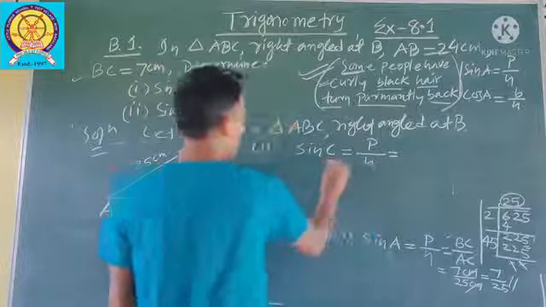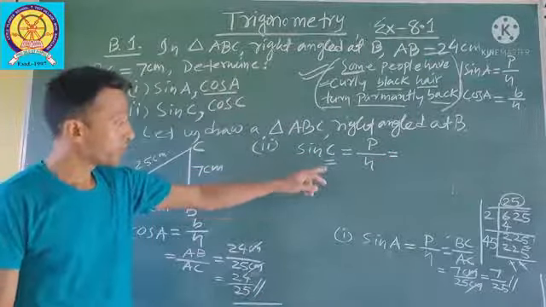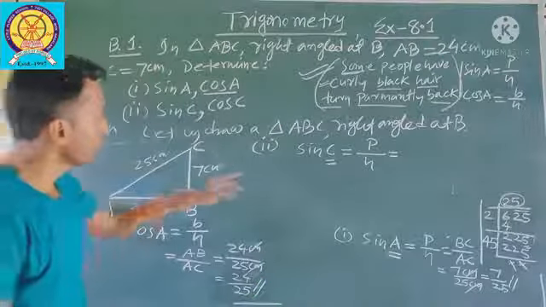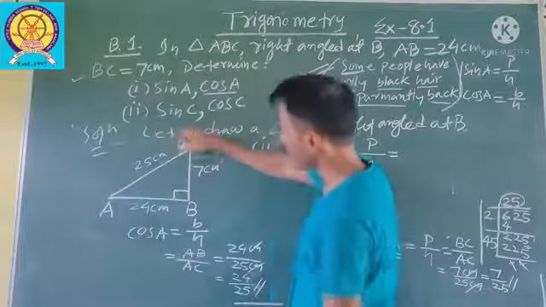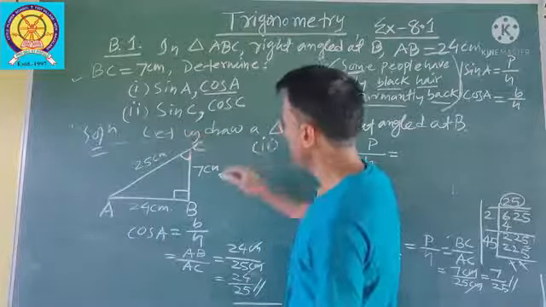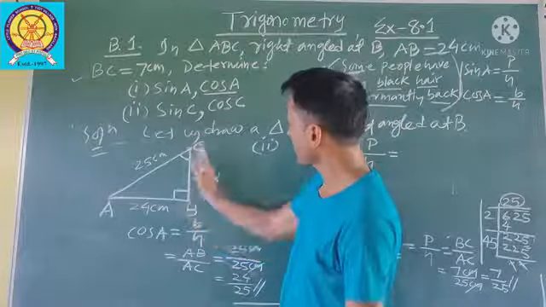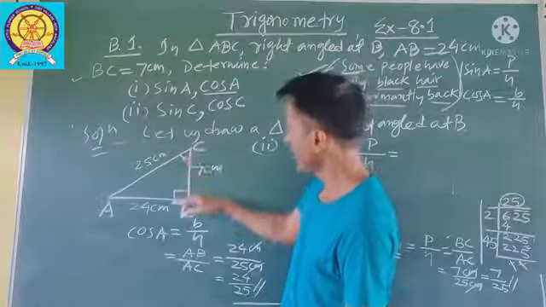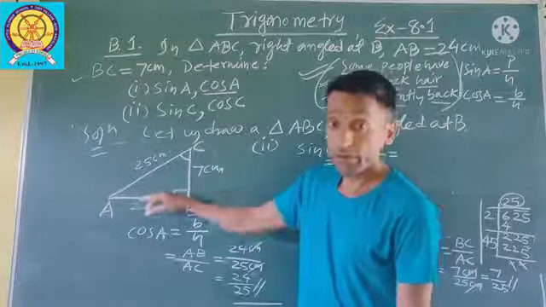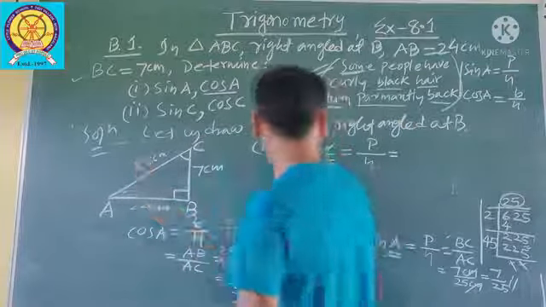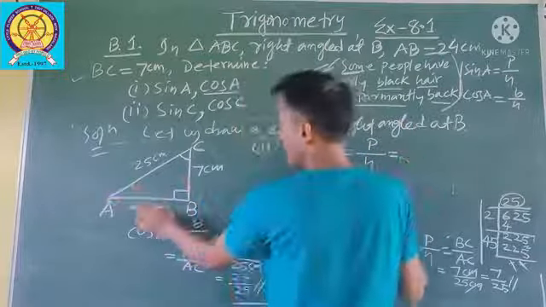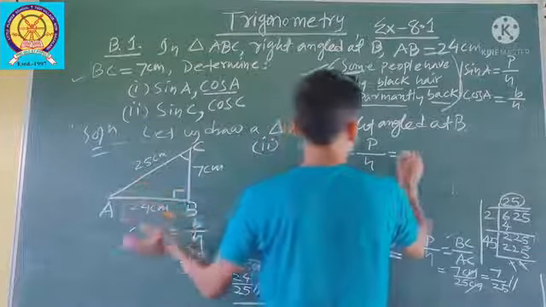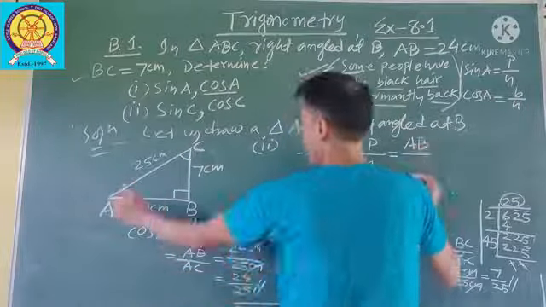But here you see the angle given is C. Before, the given angle was A; now we have to take the acute angle C. In case of acute angle C, the adjacent side or base will now be BC, and AB will become perpendicular. The perpendicular will be the side opposite to angle C, which is AB. Hypotenuse is AC.